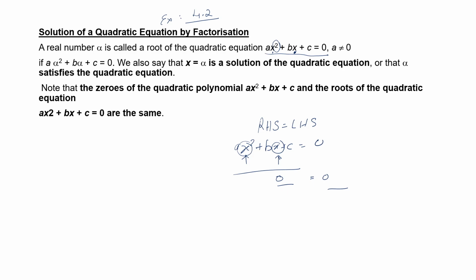Since our equation is in x, I am saying x. It is finding out the solution for any variable. Okay, so if alpha is the solution, instead of x if I put alpha, and then this side becomes 0, then alpha is called the solution of the quadratic equation.